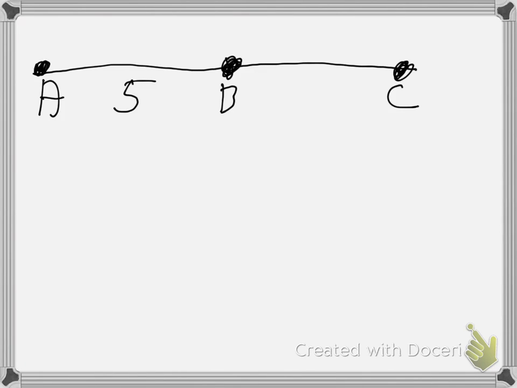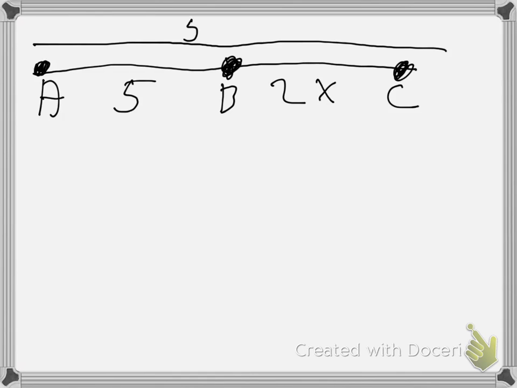B to C is 2x. And then the whole thing is 5x minus 15. Always start off by writing down what you know.